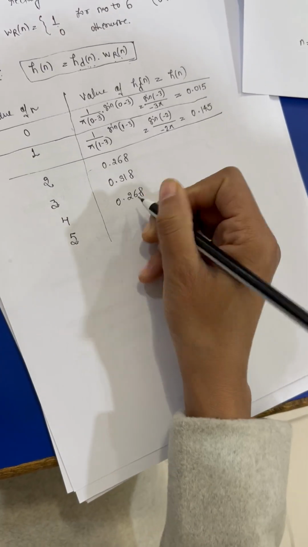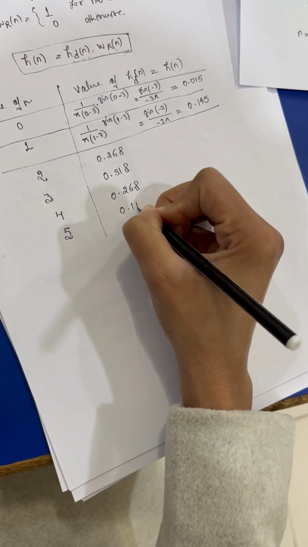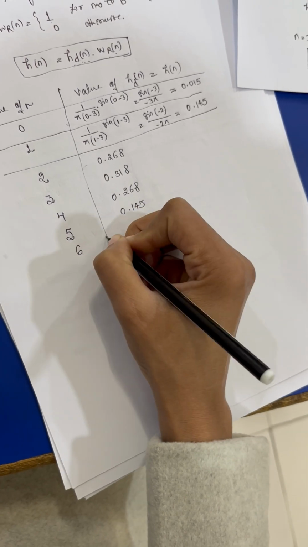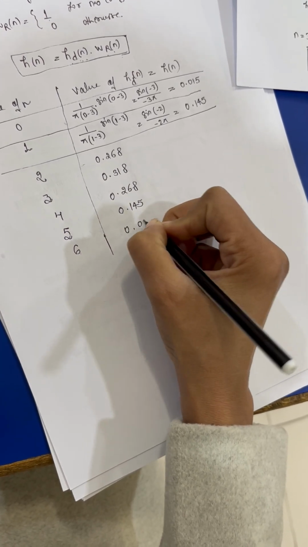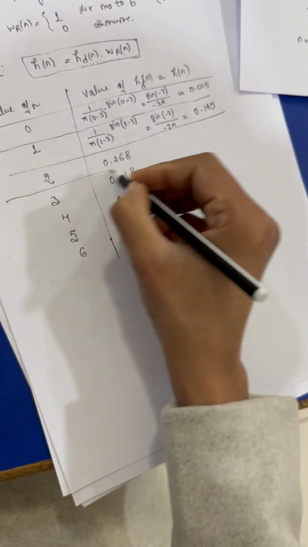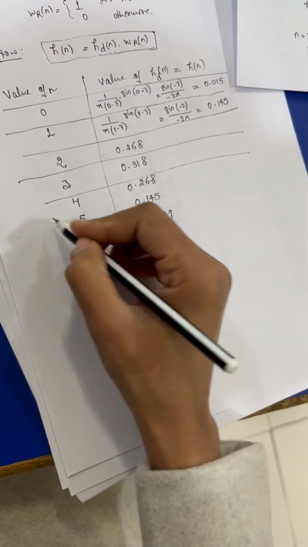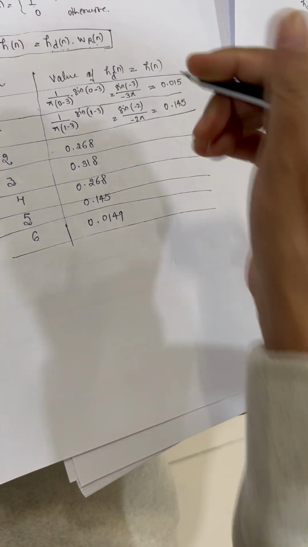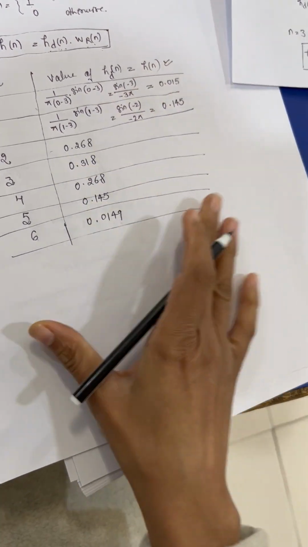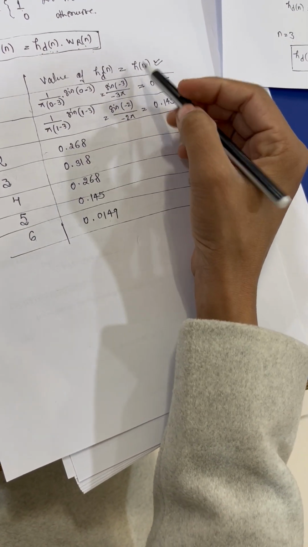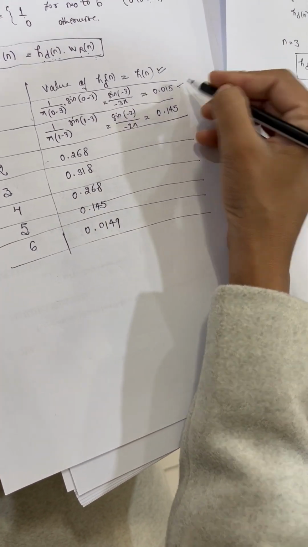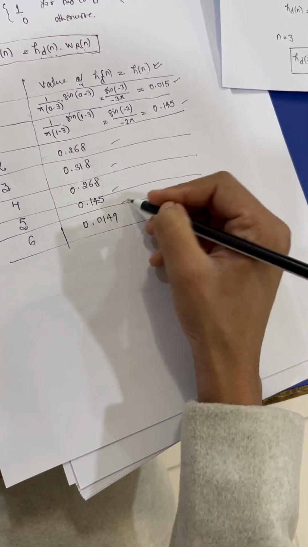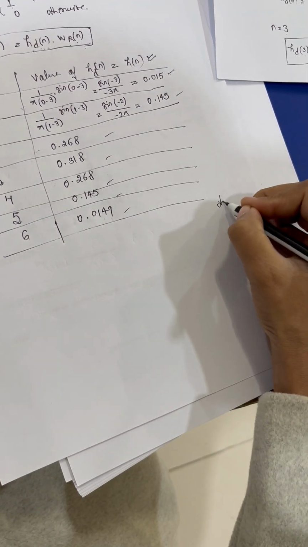When we put n equal to 5, 0.145. For n equal to 6, 0.0149. So we'll get the value of h(n). So here we can say the coefficients of the filter are the values from 0 to 7. That is the answer.